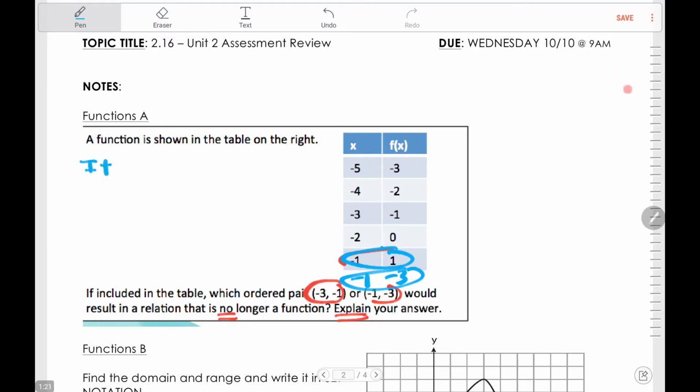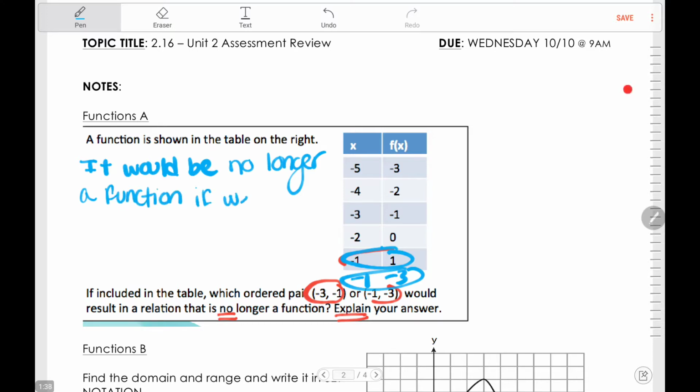So it would be no longer a function if we added -1, -3 to the table.